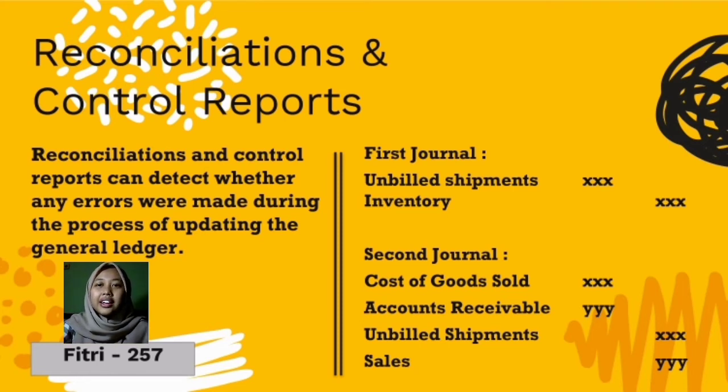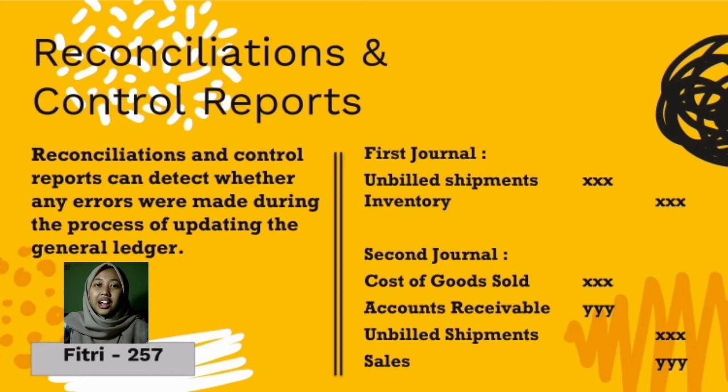I have written it in the PowerPoint slide. There is the first journal and the second journal. The first journal is the debit unbilled shipment and the credit inventory. Then when finished, or when we check, there is the second journal.